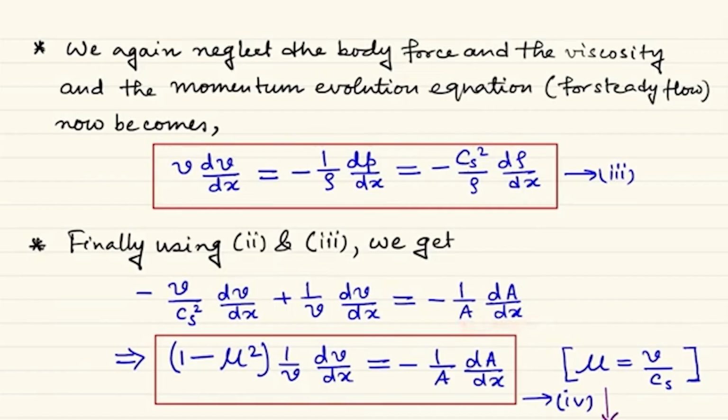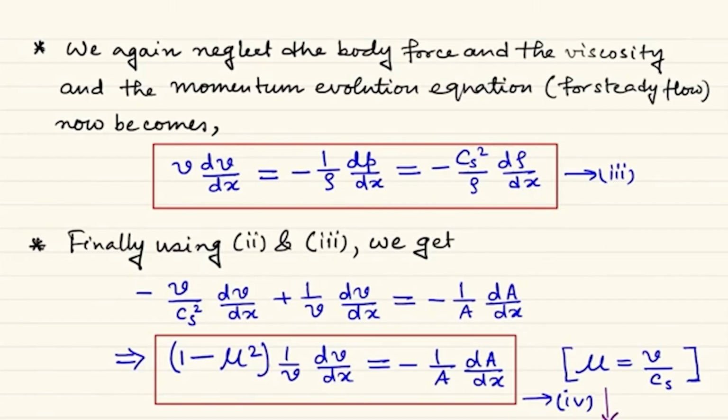Now if you just take everything inside the bracket on the left hand side, this will give you (1 minus v squared by cs squared) dv/dx by v is equal to minus 1/A dA/dx. And what is v squared by cs squared? This is nothing but the local Mach number.